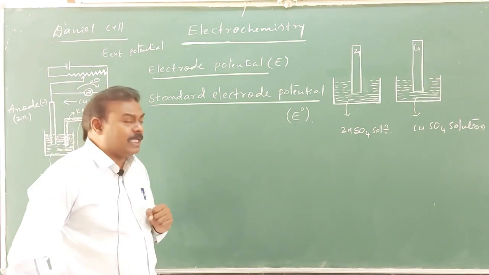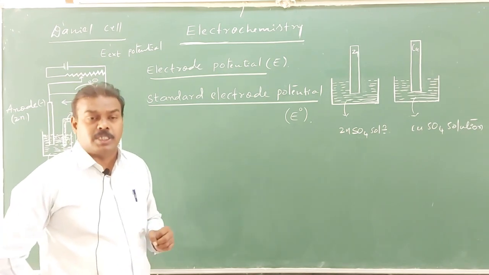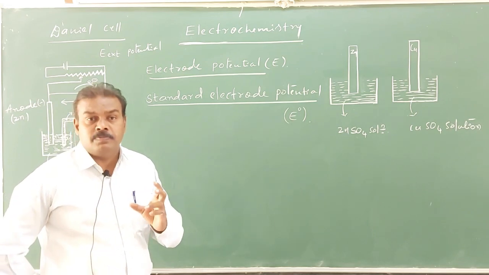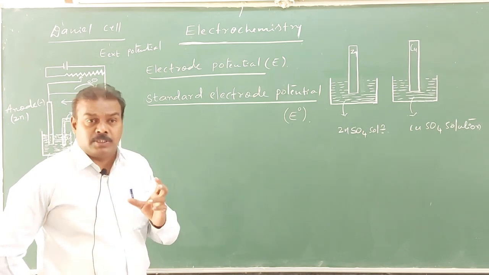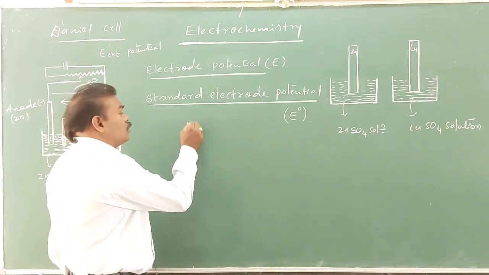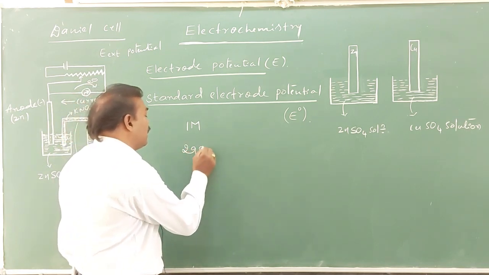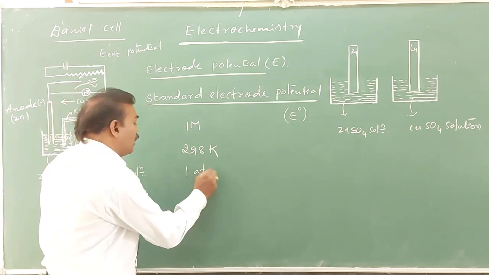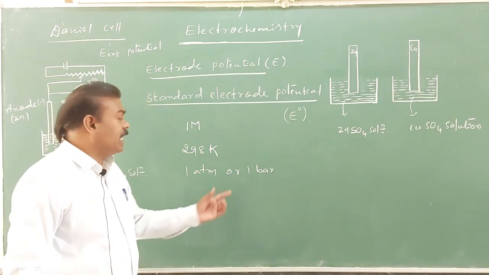So how do we define the standard electrode potential? Standard electrode potential is defined as the potential developed when the metal is in equilibrium with 1 molar solution of its own ions at 298 Kelvin temperature and 1 atmosphere or 1 bar pressure if the electrode contains a gas.